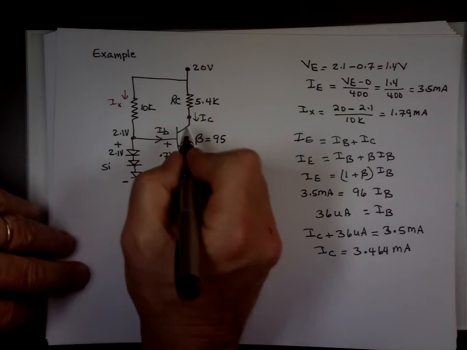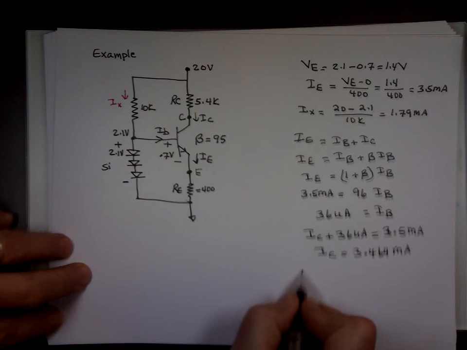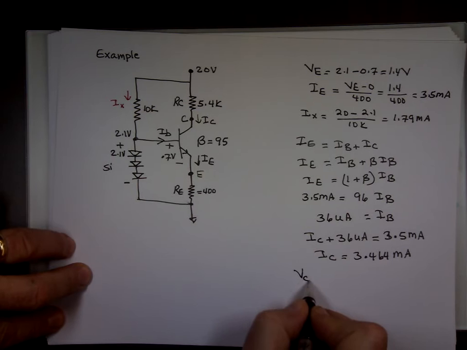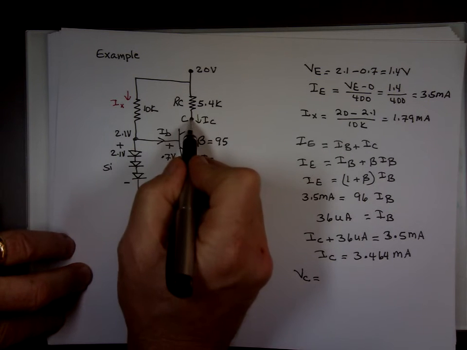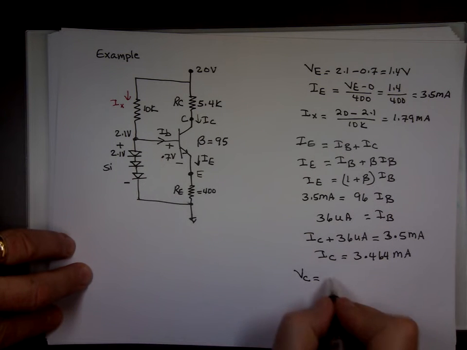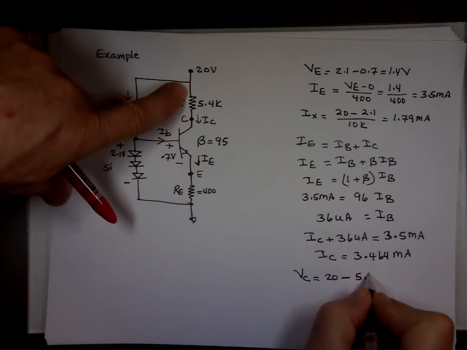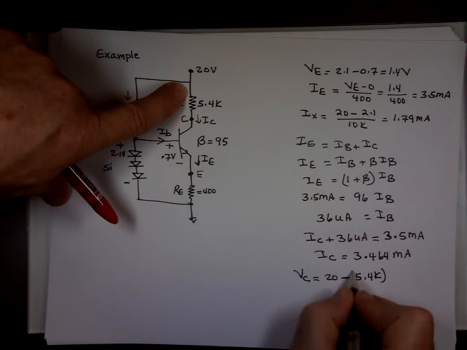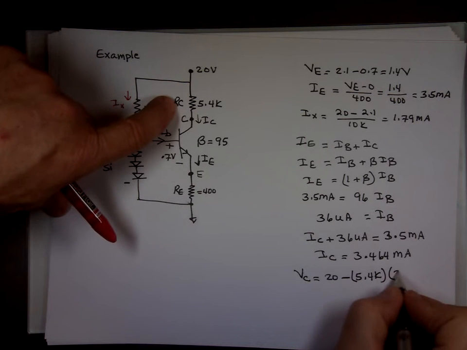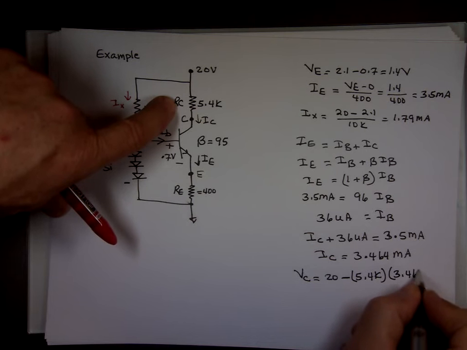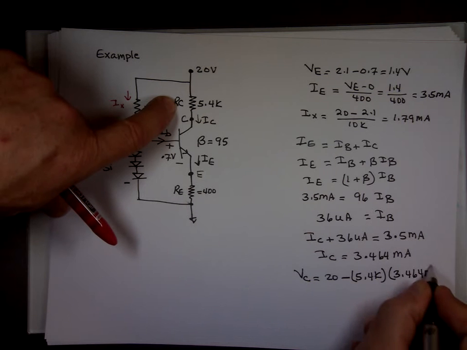Well, this is the collector here. That means I know the voltage at the collector. The voltage right there, at the collector, is going to be what? The 20 volts minus the drop right here, which is 5.4K times I sub C, which is 3.464 milliamp, and we are going to have a problem.